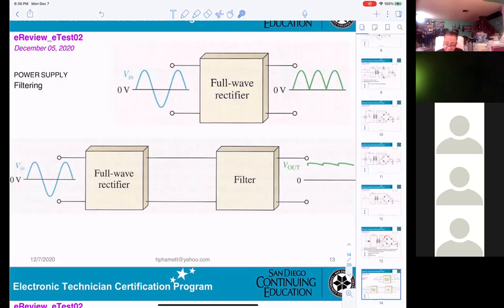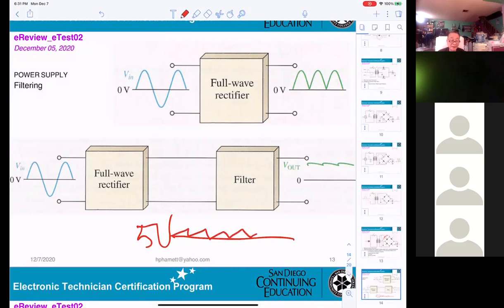So they try to get the output to be only DC voltage. That means they want the output here supposed to be 5 volts, only DC. However, they still get some here, right?